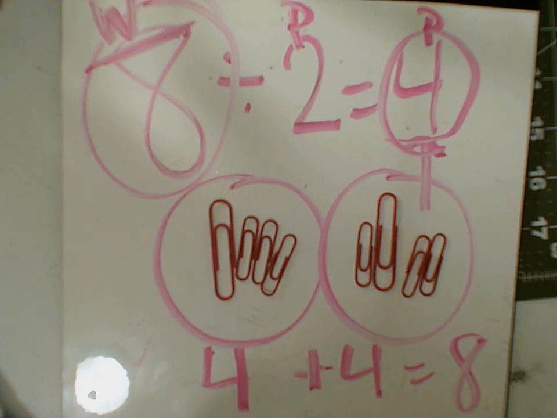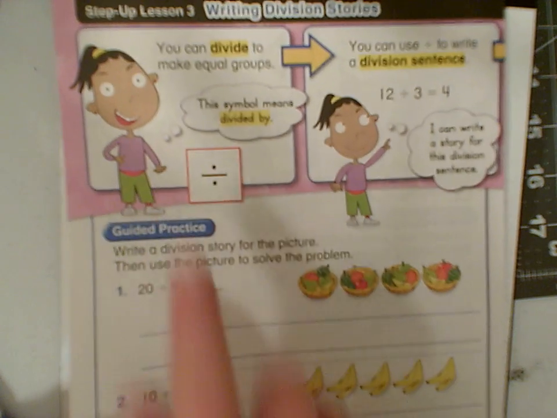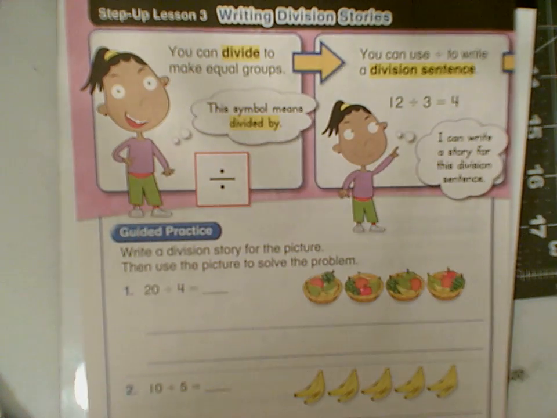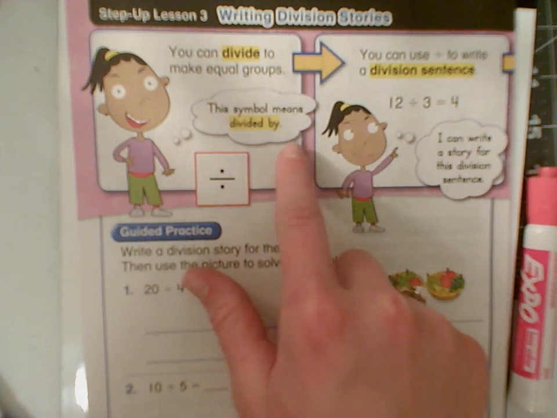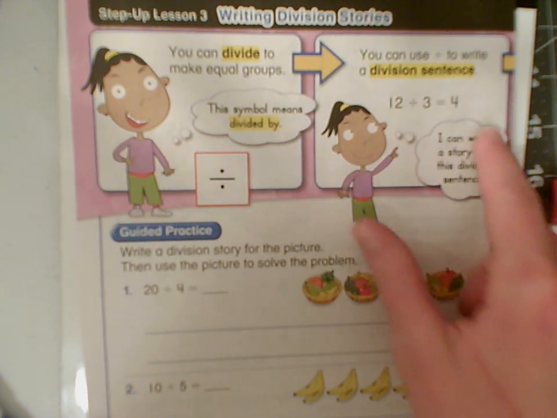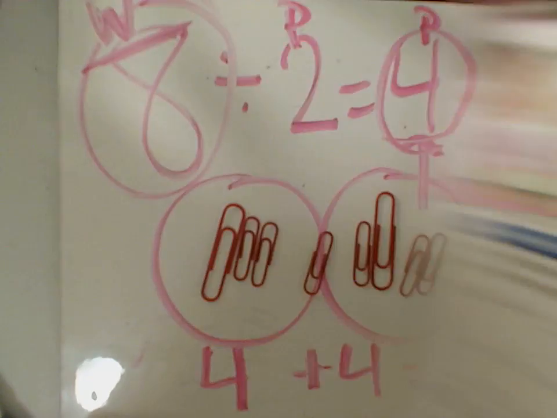Okay, so for today, I want you to do Step Up Lesson 3. Here they will go over how you can divide to make equal groups, and writing those division sentences like I practiced with you.